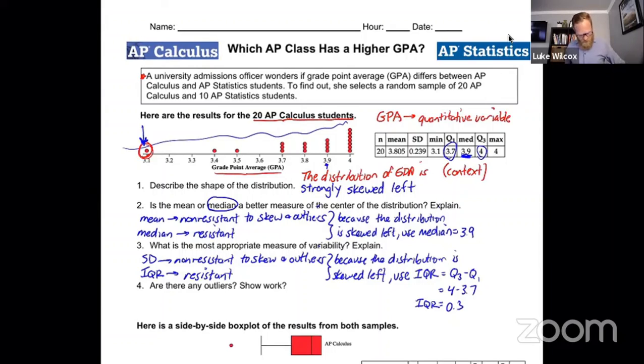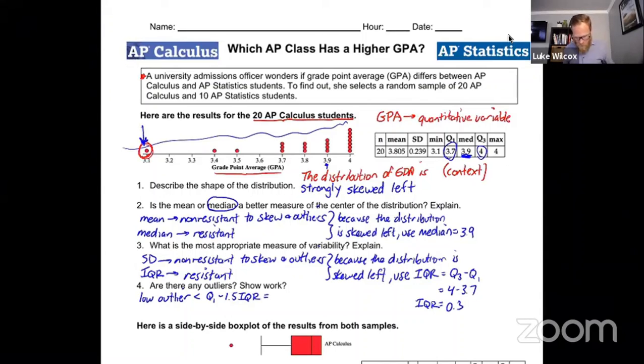So here's what the outlier rule says. If you are looking for an outlier on the low end, which I call a low outlier, which we think we might have here, in order for it to be a low outlier, it has to be less than Q1 minus 1.5 times the IQR. So we're going to have to do a little calculation here.